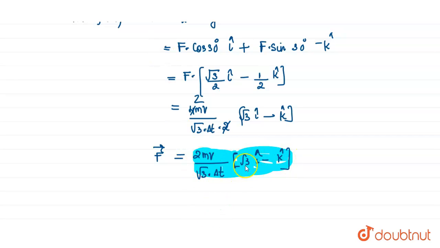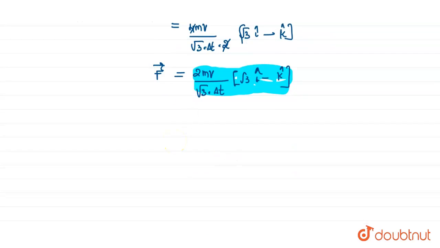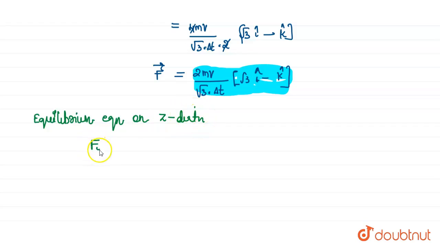So the next part is to find the normal force. We can take the equilibrium equation along the z direction. Force along the z direction is Fz plus mg, which is equal to the normal N. What is Fz?